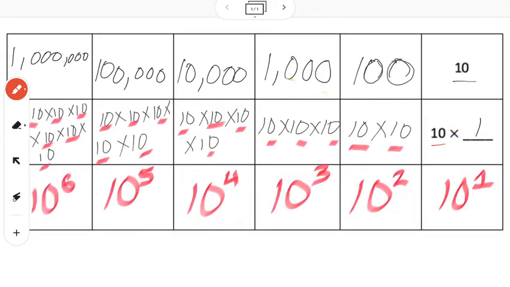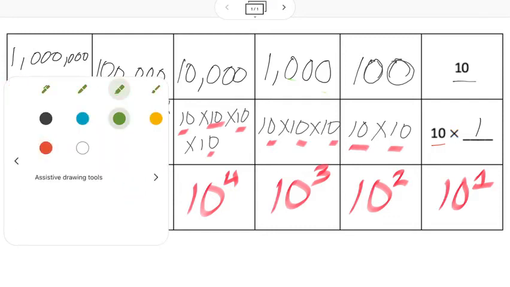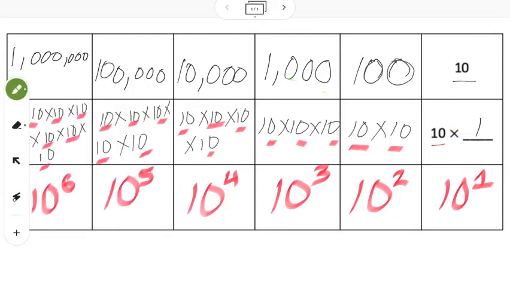Some of you might have even noticed one more pattern in here. When we look down in rows, you might have noticed we have 2 zeros here, and that's the power that we're at. Going back to 10, there's one 0, and it's 10 to the power of 1. Do you think that's going to hold?